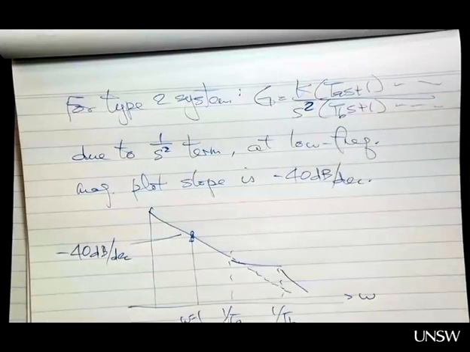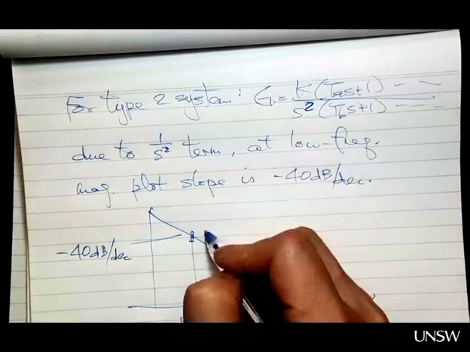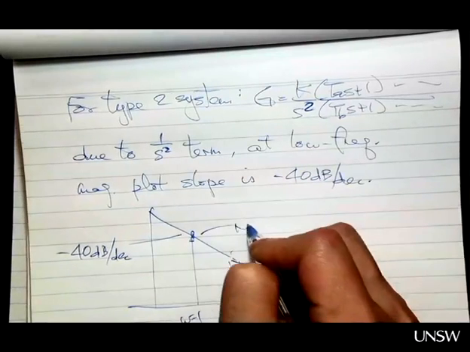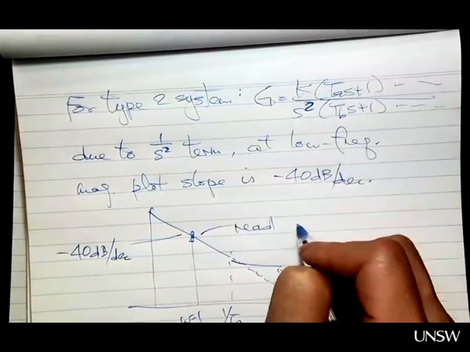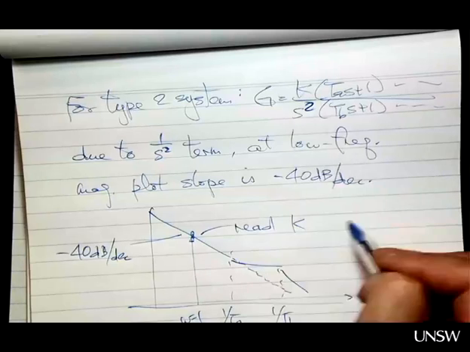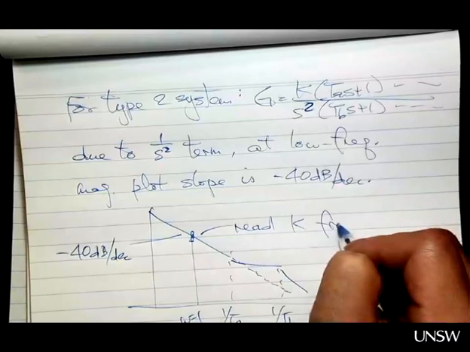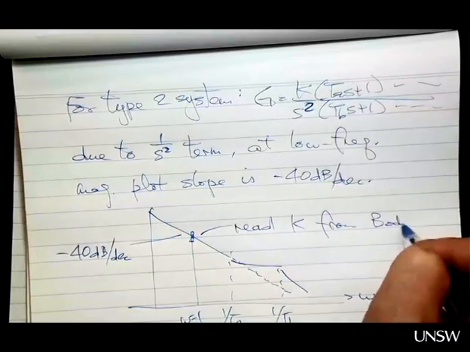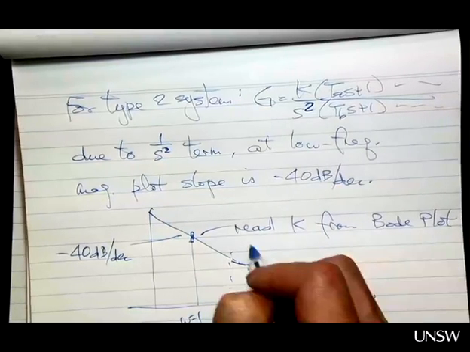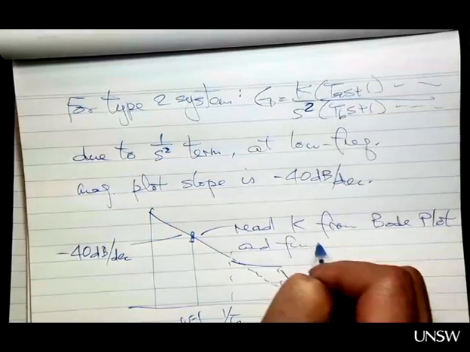It depends on all the numerical values. Again, at this point we can read off K from the Bode plot and find the steady state error.